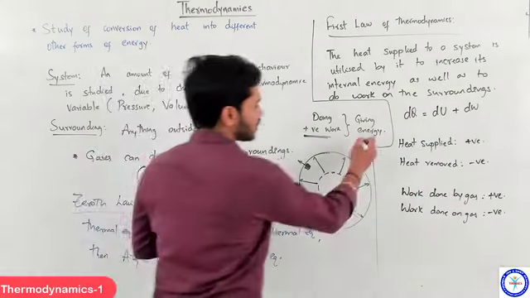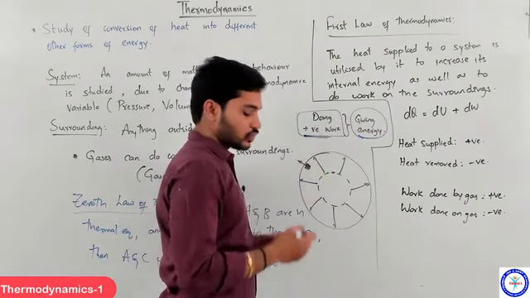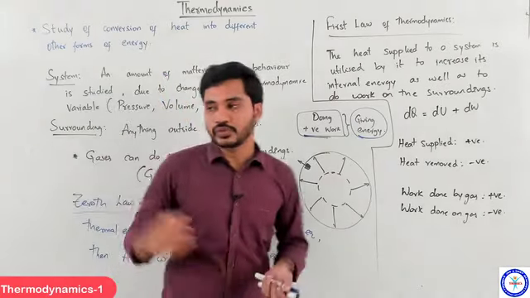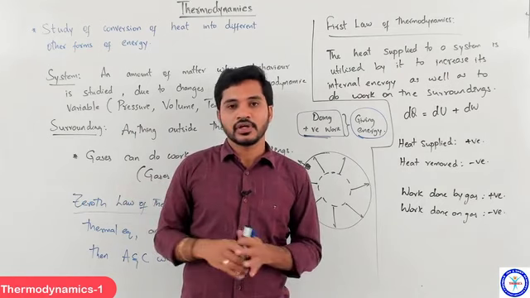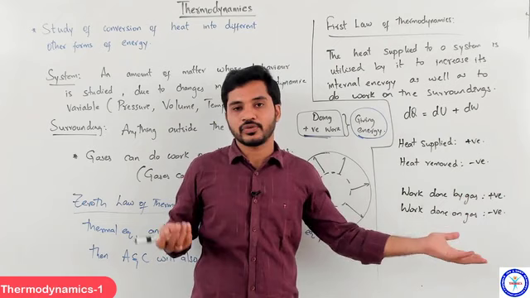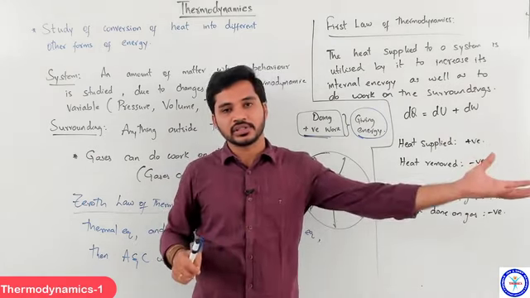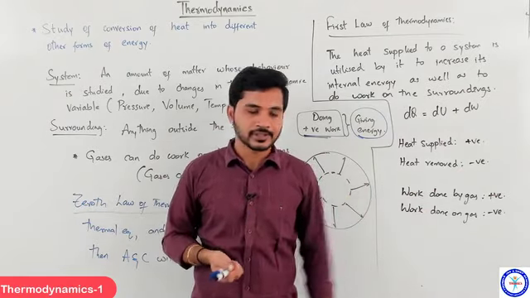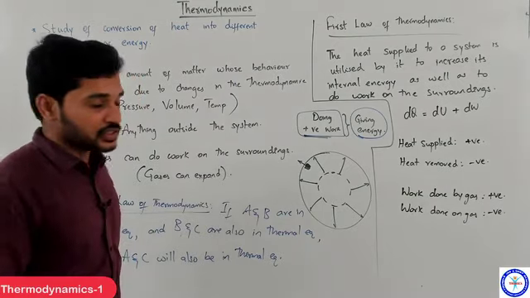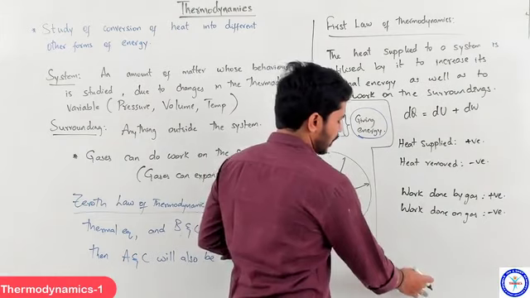Think of it like that, so that you will not get confused with the sign convention. You take some heat, positive, you give some energy, positive, and you increase your own energy, positive. All these are positive values. Clear? That is how we should be using the sign conventions. Clear, students? Let us see some more applications here.